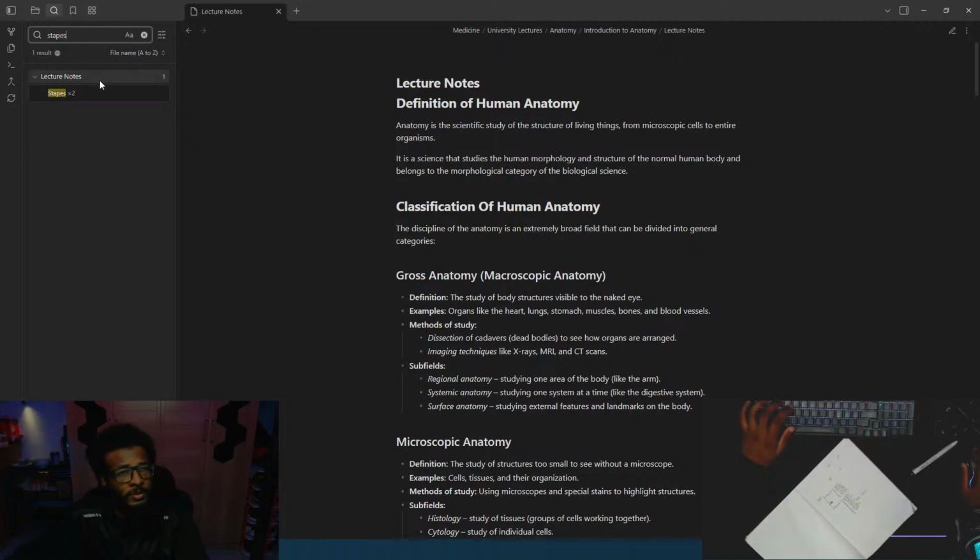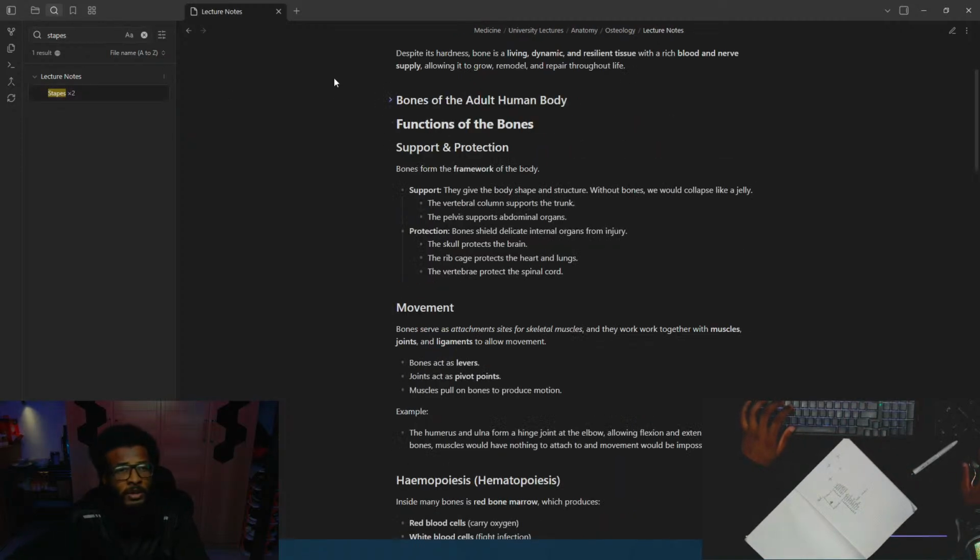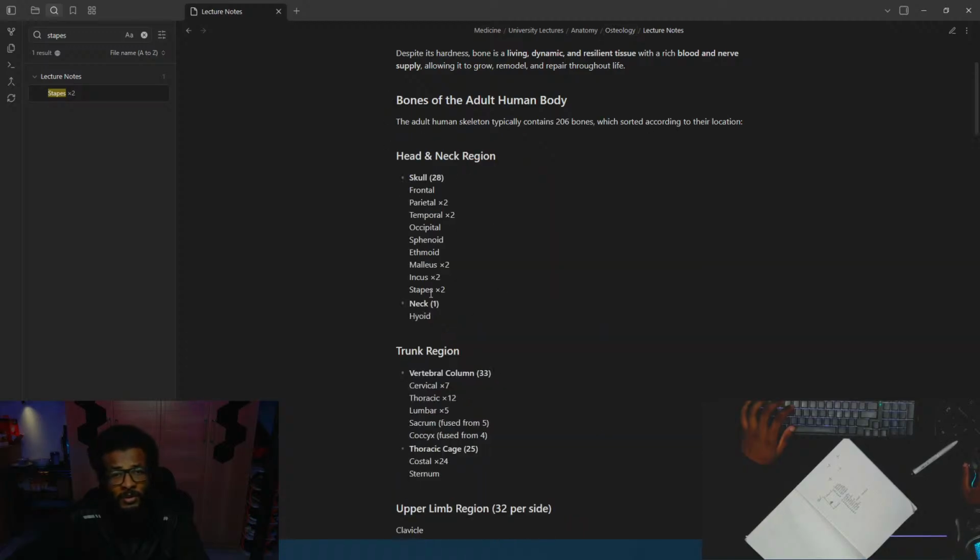Oh, there we go. They are in the osteology, bones of the human body.